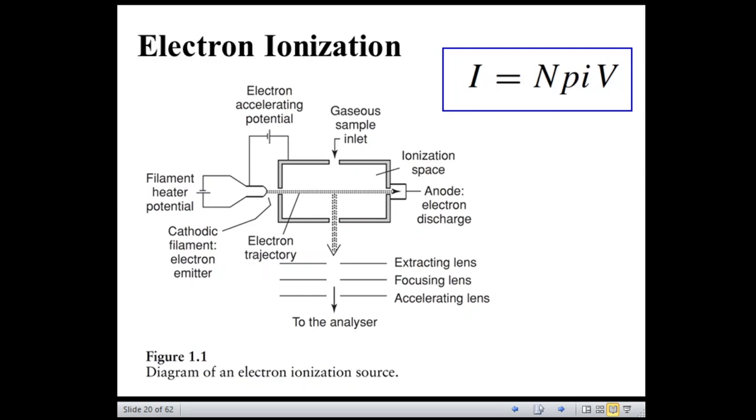That particular box refers to the ionization space where the ions are created, and these ions pass through the extracting lens, focusing lens, accelerating lens, and then to the analyzer. So this is a diagram of a typical electron ionization source.